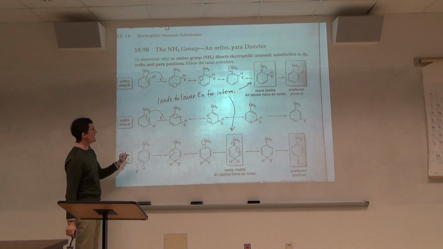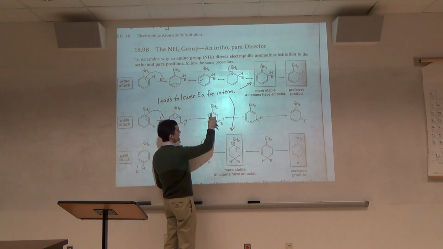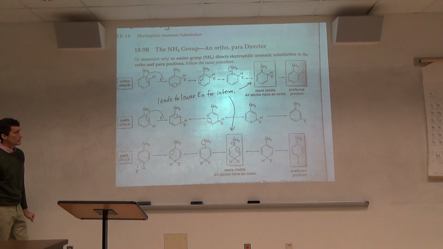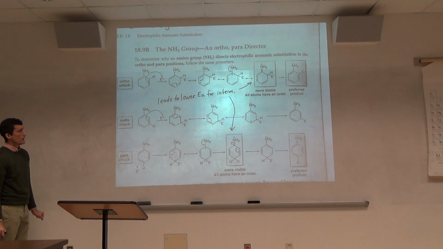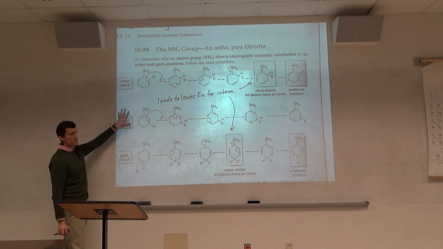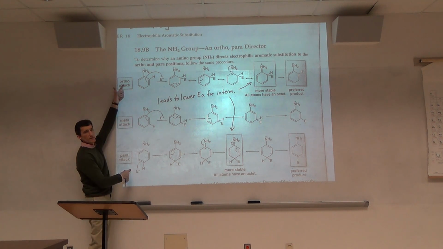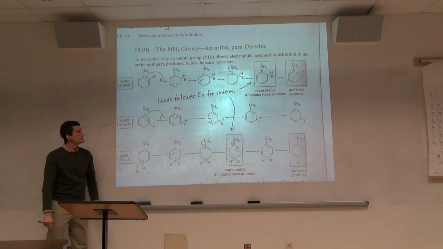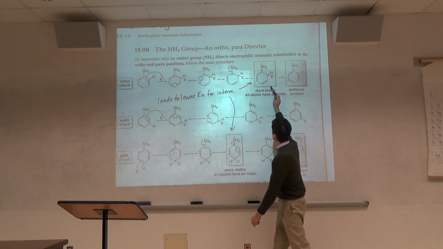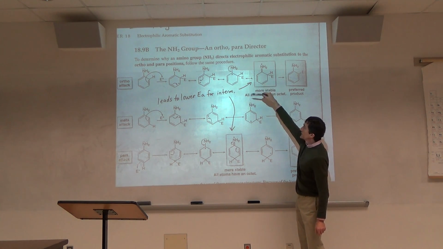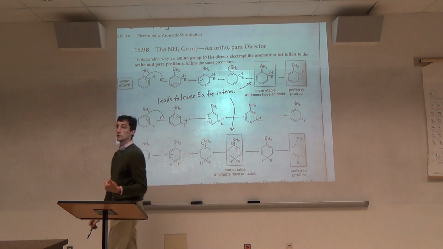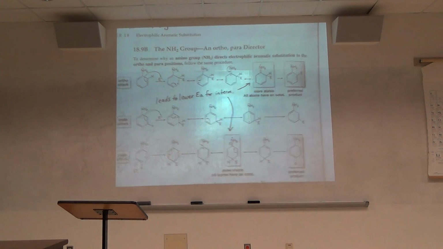But you do not get it when you do meta, because the plus never falls on the carbon where the group is. Because you don't get that resonance structure, the meta is not stabilized. You get these two pathways predominating. In terms of activating, this is a much greater effect than just inductive donation. So this really makes these pathways better than toluene or benzene, resonance donation.